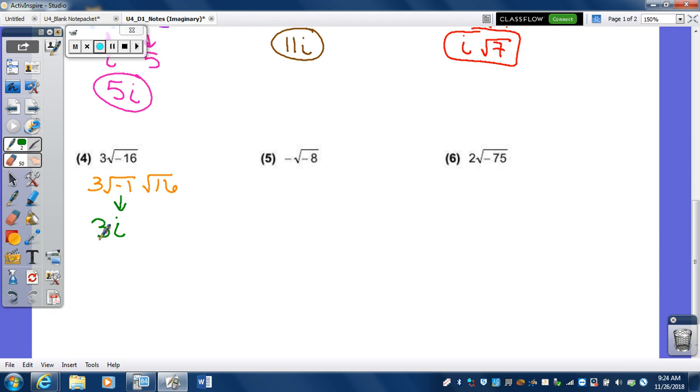It's just got that 3 in front of it. And we would multiply it by the square root of 16, which is 4. So what do we get for our final answer? 12i. Just like any other variable you would use, same rules apply. When you're multiplying, you just multiply those numbers in front of it. So it becomes 12i, just like if you had an x there.